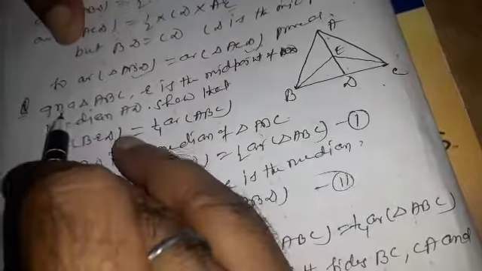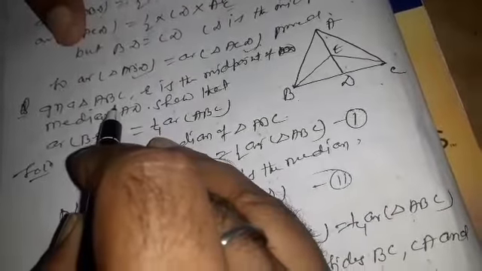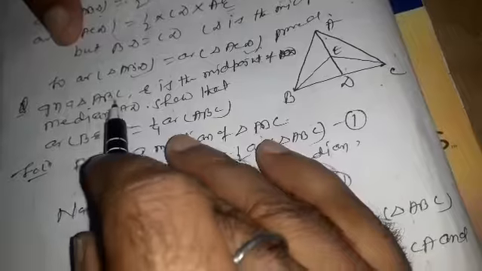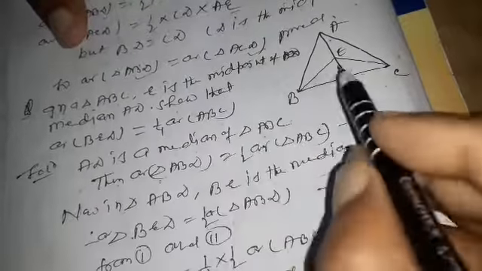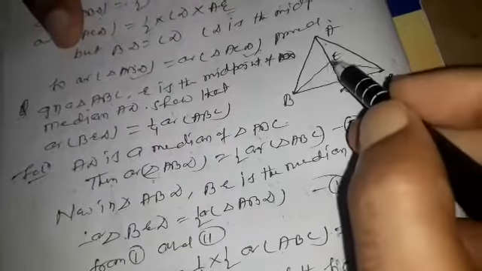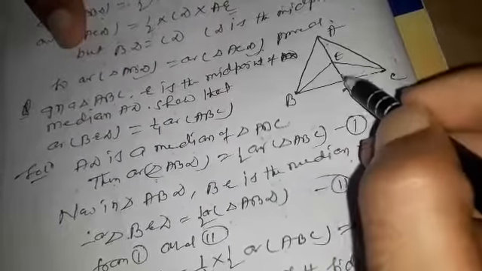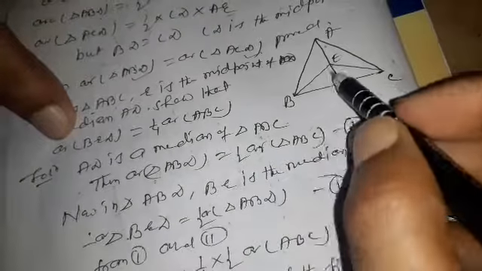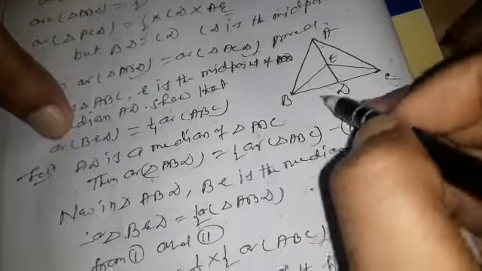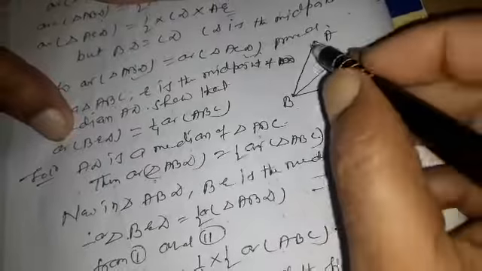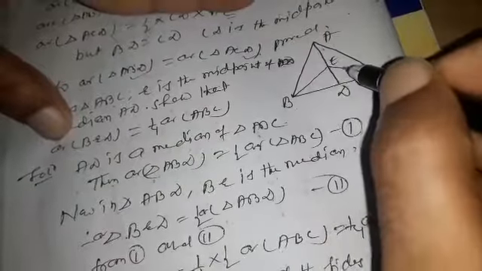Next question is, in triangle ABC, most easy chapter, in triangle ABC, E is the midpoint of the median AD. AD is the median of triangle ABC and E is the midpoint of the median AD. So prove that area of triangle BED is equal to 1/4 the area of ABC.